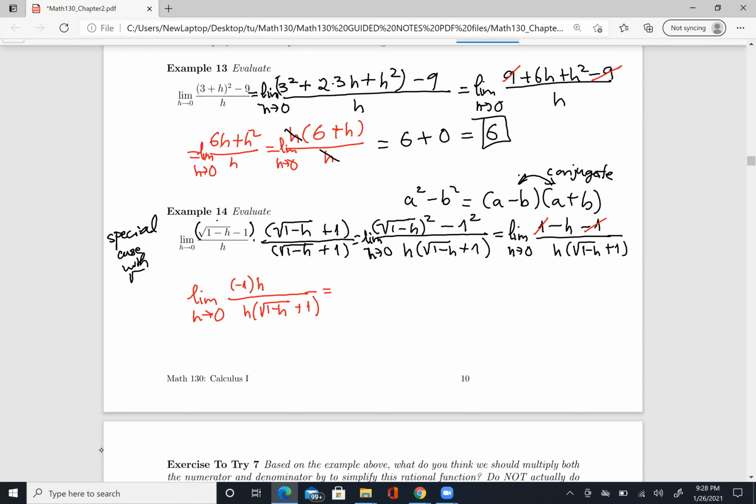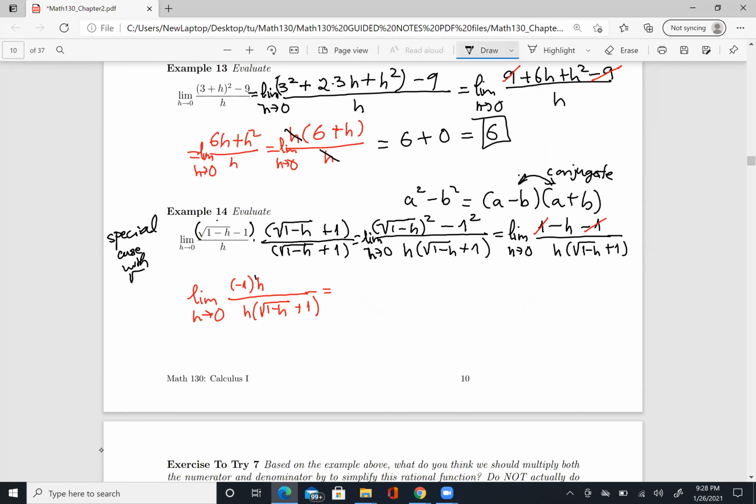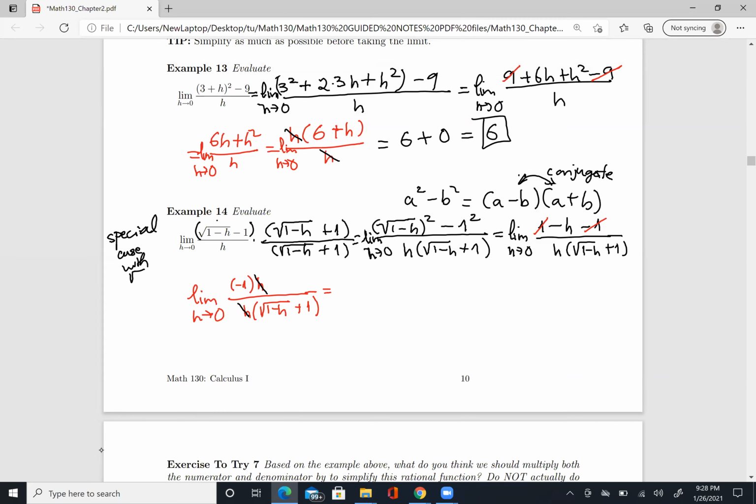And now you can see that there is a common factor between top and bottom, which is h, and that is the one that I want to cancel because I need to take away the h at the bottom. So there is no issue with h equals 0 when I directly substitute in, right?